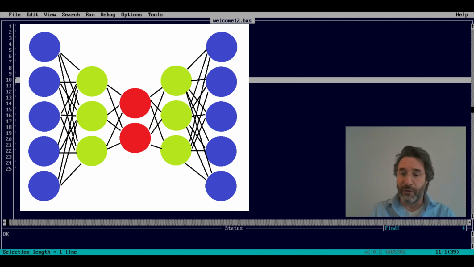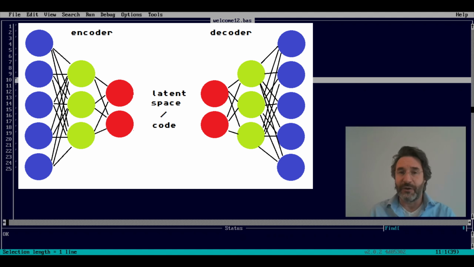And why do we want all of this? For that I need to show a different picture here, which is this picture that you see now. So in practice, if you can come up with an autoencoder that is trained properly, so that the input is precisely what you get in output, and the latent space has dimensions that are smaller than the input dimensions, you can split the network in two, and you obtain an encoder and a decoder. And the decoder becomes the very interesting part, because now you can use the latent space.